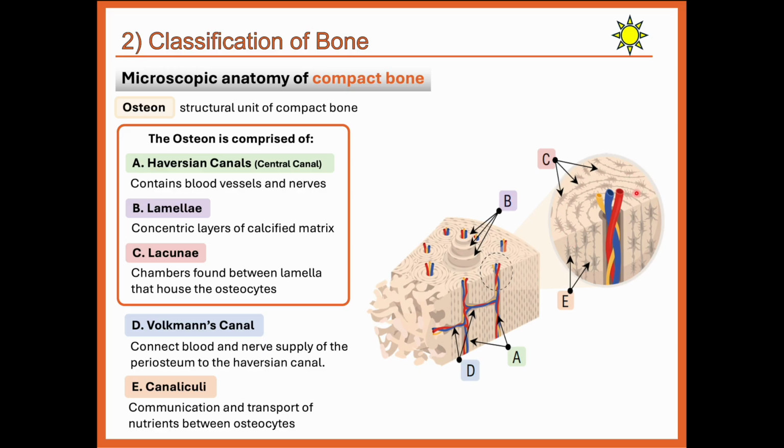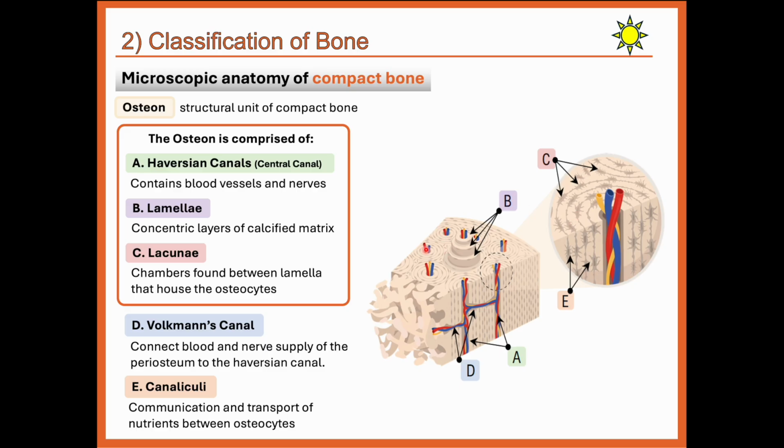An osteon, I like to think of it like a tree. A tree has many rings in it, and one big circle is one tree, one osteon. And there are many osteons in this bone's compact bone. So in one osteon, let's go look at this osteon. There is a haversian canal, a central canal.